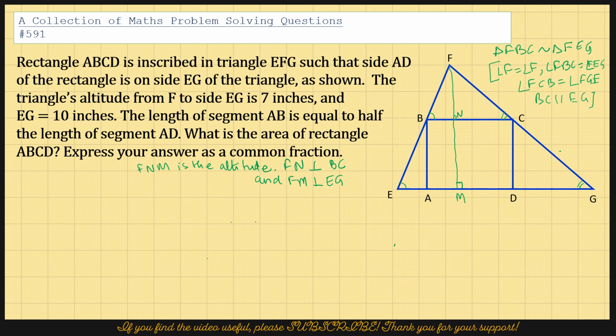And since triangle FBC is similar to triangle FEG, the sides are proportional and altitudes are proportional.